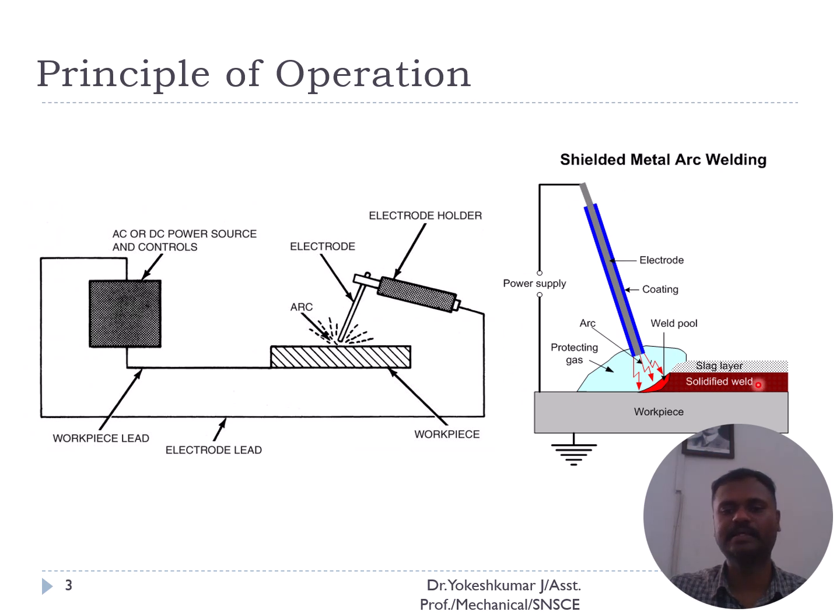This diagram explains how the electrode generates heat. This enormous amount of heat is generated at the interface of the workpiece and the electrode by generating the arc. Here the electrode is flux coated.